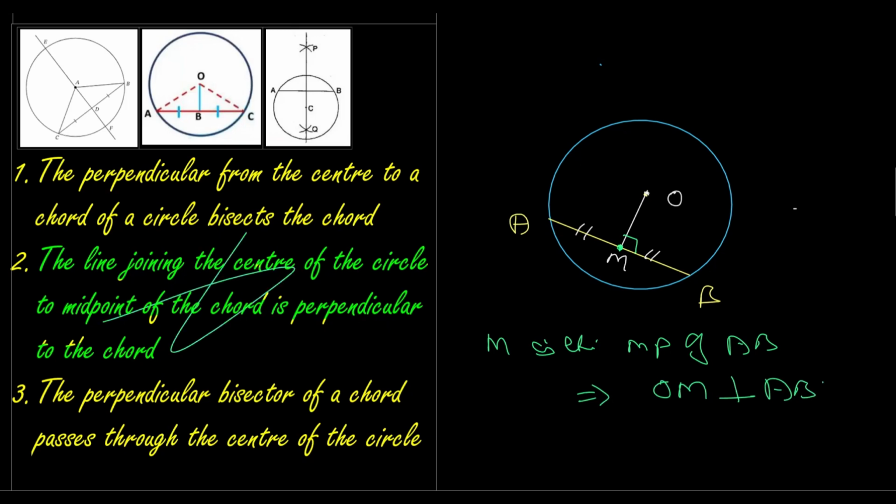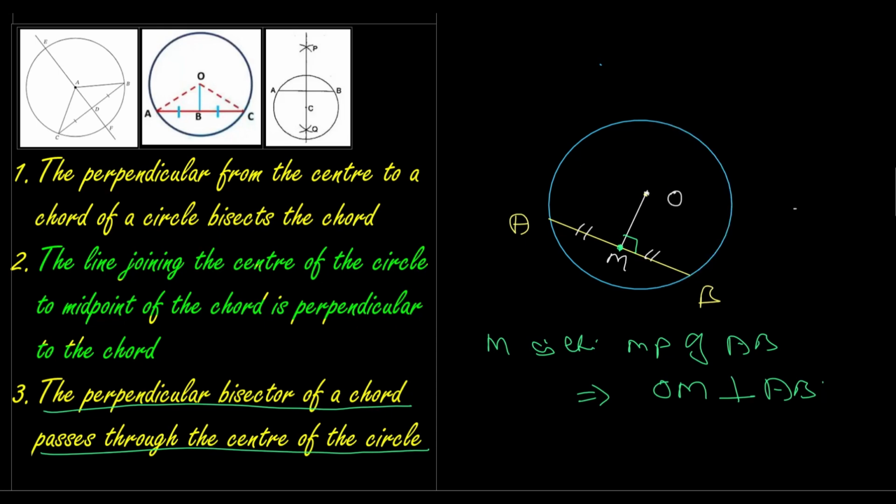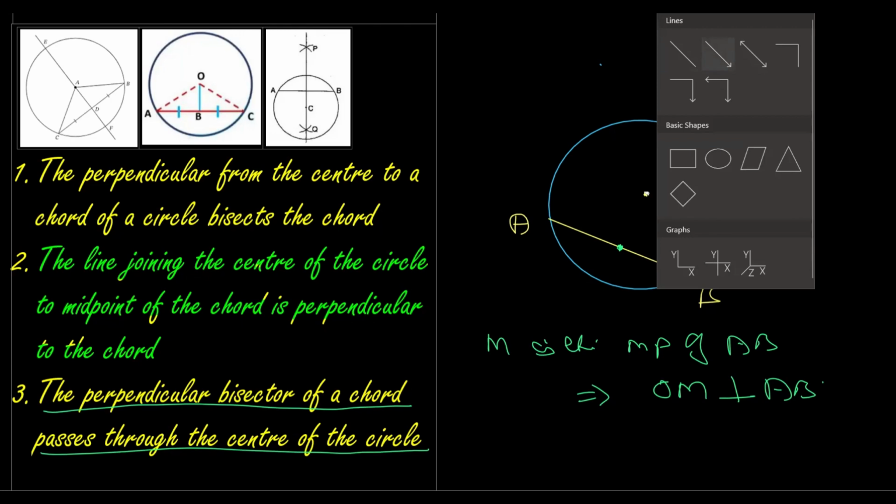And finally, the third property says that the perpendicular bisector of a chord passes through the center of the circle. Now, clubbing these two, let's say I don't know the center of the circle, and I draw the perpendicular bisector of this chord.